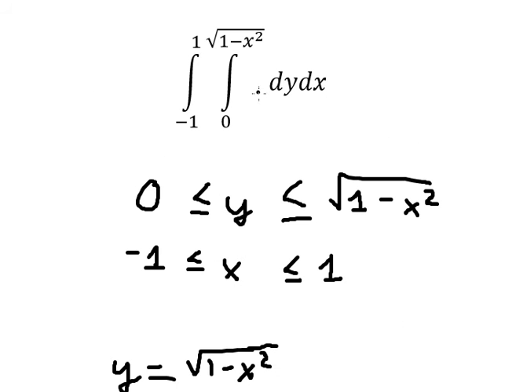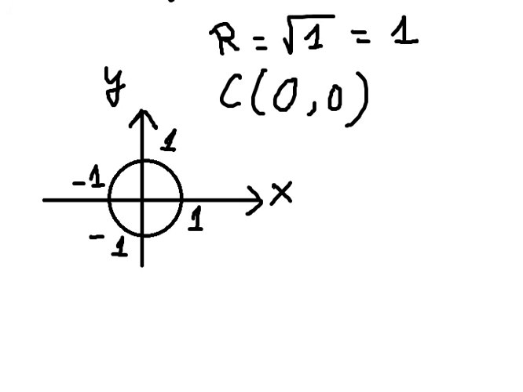Now, if we look carefully, we have y greater than or equal to 0 and smaller than or equal to the square root of 1 minus x squared. This is the positive part, and this is the square root of 1 minus x squared.